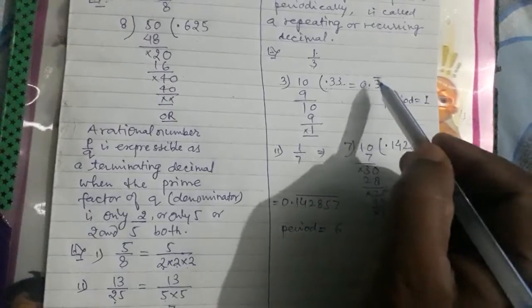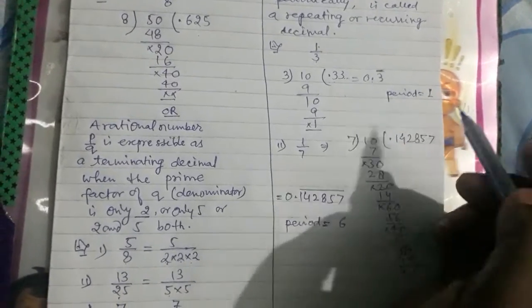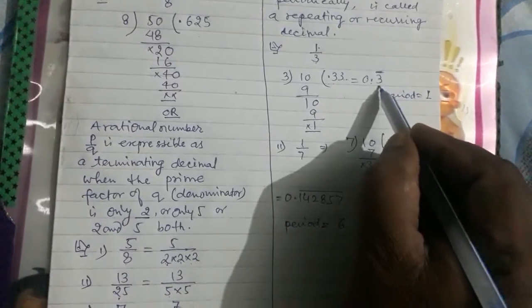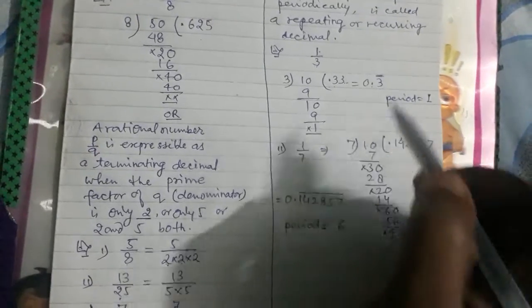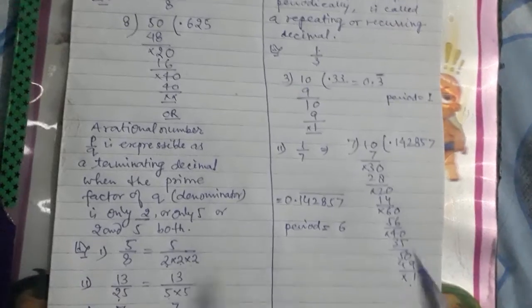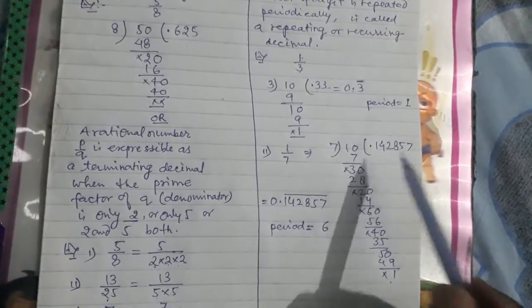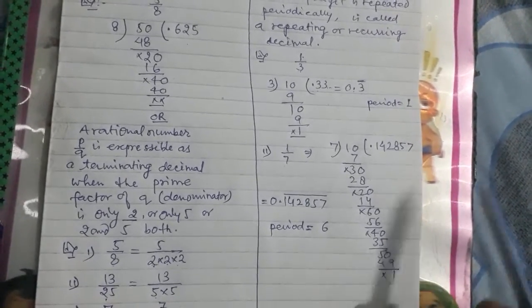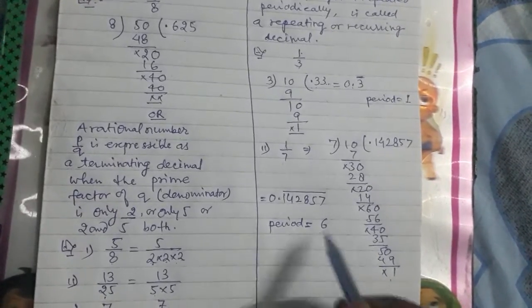This type of fraction is known as vulgar fraction, and its period is 1, because one number is repeated continuously. In 1 by 7, 6 numbers are repeated continuously, so its period is 6.